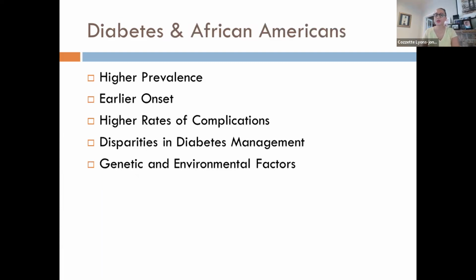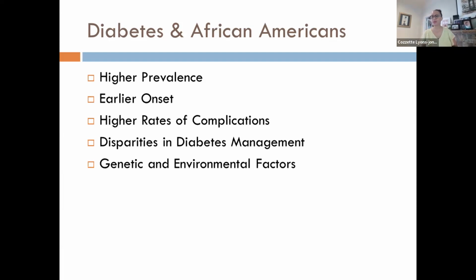African Americans in particular have a higher prevalence of diabetes. We tend to present at an earlier age. We tend to have higher rates of complications. And what we're seeing is a disparity in management. We have all these tests available. We have millions of medications now available, with different mechanisms of action.